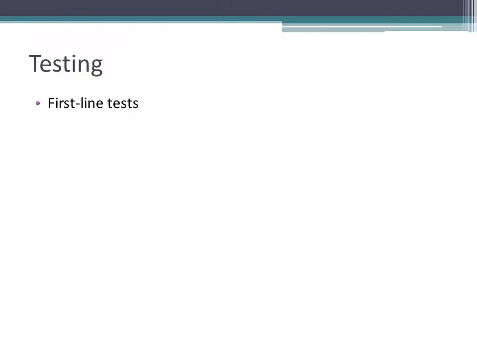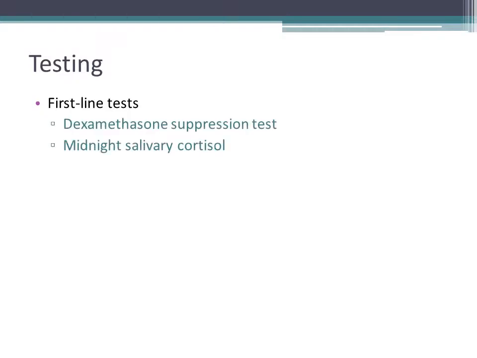After those screening tests, we move to ACTH level, and by that we can determine if the patient has ACTH dependent Cushing versus ACTH independent Cushing, and then we start digging further. The first line of tests are the 3 screening tests: the dexamethasone suppression test, the midnight salivary cortisol, and the 24-hour urinary free cortisol.